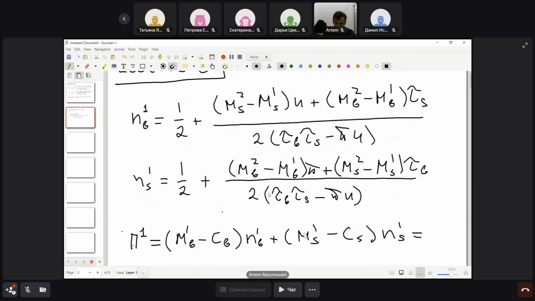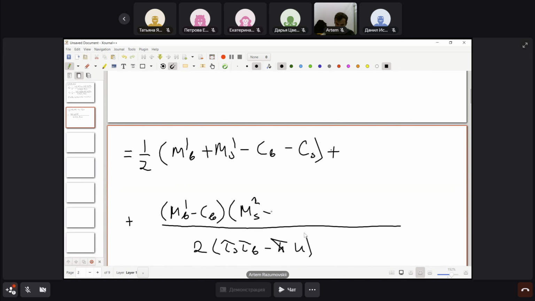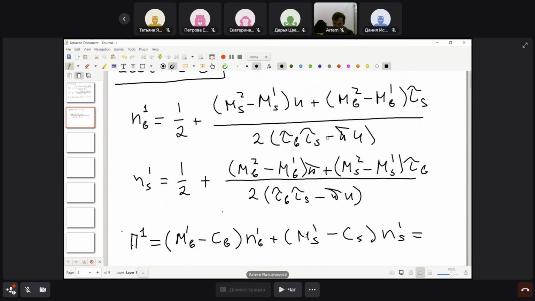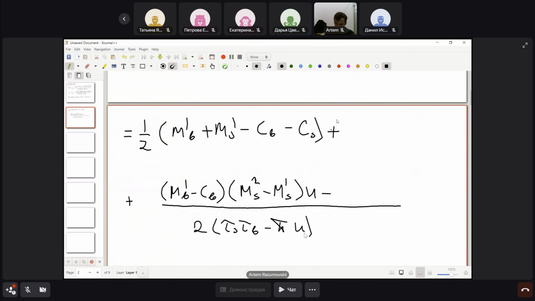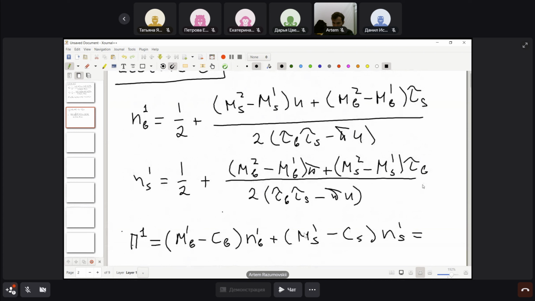Yeah, 2 minus 1, u, and then plus m buyers. Let me put brackets here. Tau sellers.